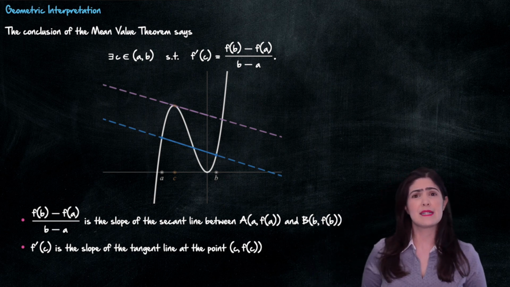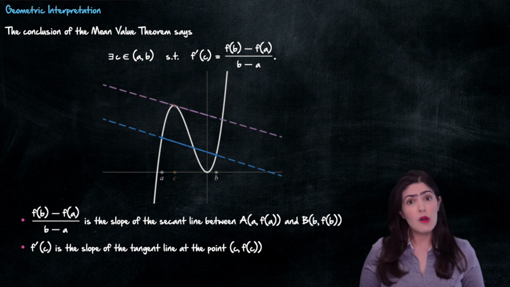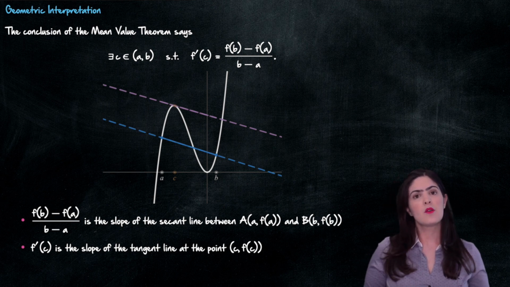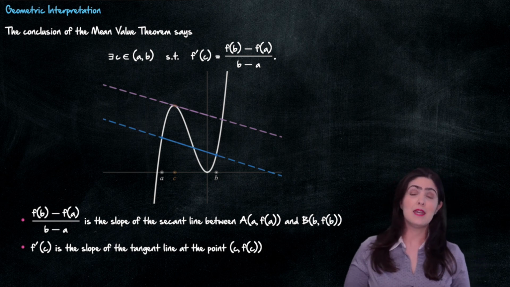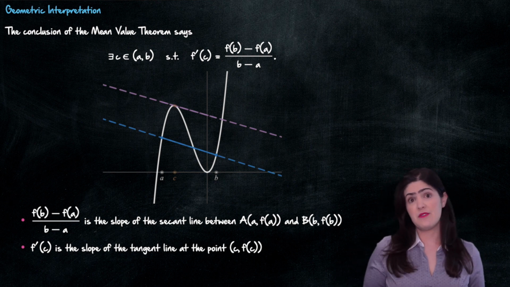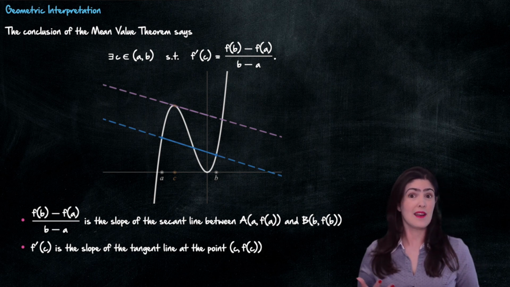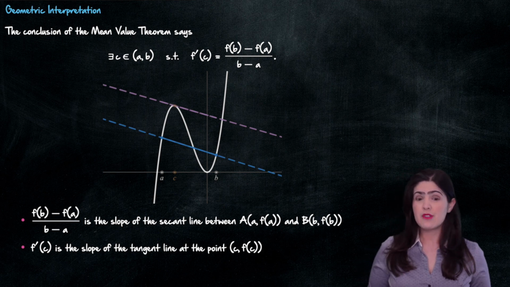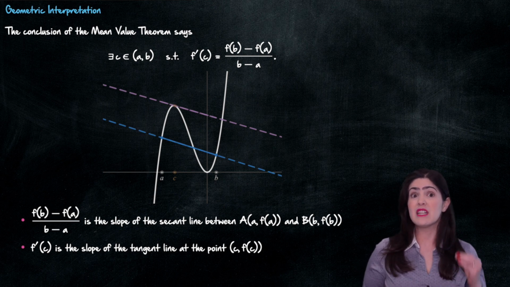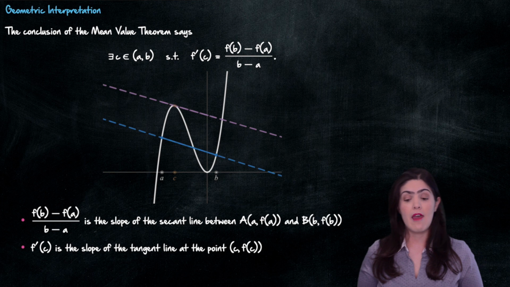If we look at the right hand side of this equality here, that is just the slope of the secant line passing through the points (a, f(a)) and (b, f(b)). And f prime of c, well, remember that the derivative is just the slope of the tangent line at that point. So f prime of c is just the slope of the tangent line to the graph at the point (c, f(c)).